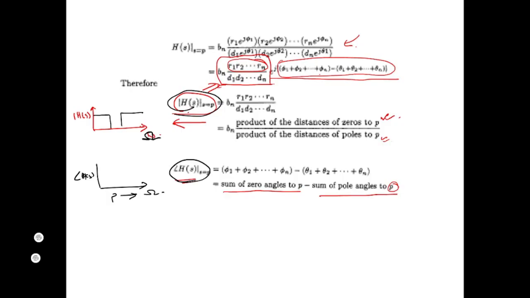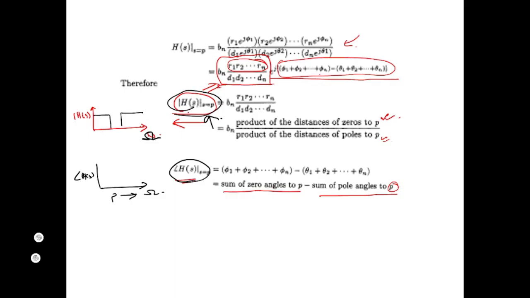The takeaway is that if at a particular frequency, if we know the location of the pole, and if we just find out the distance between the poles and the frequency point and the zeros and that particular frequency, then we should be able to determine the amplitude response.